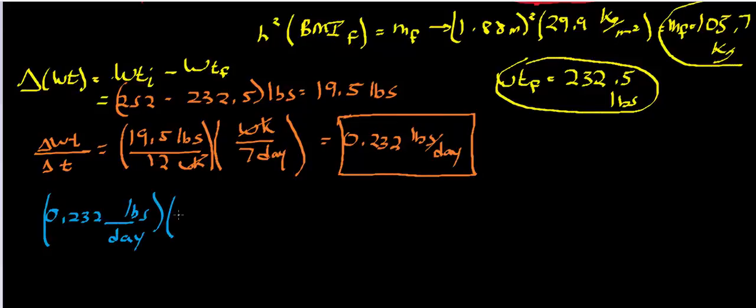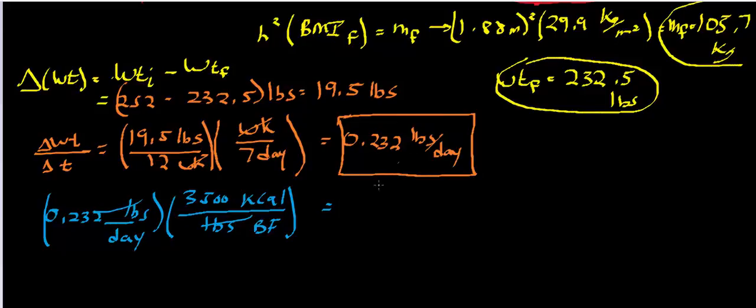Well, I know that in 1 pound of body fat, there are 3,500 nutritional calories, or kilocalories. Notice the pounds here cancel. So what am I left with? This person would have to burn, let's see, 0.232 times 3,500.